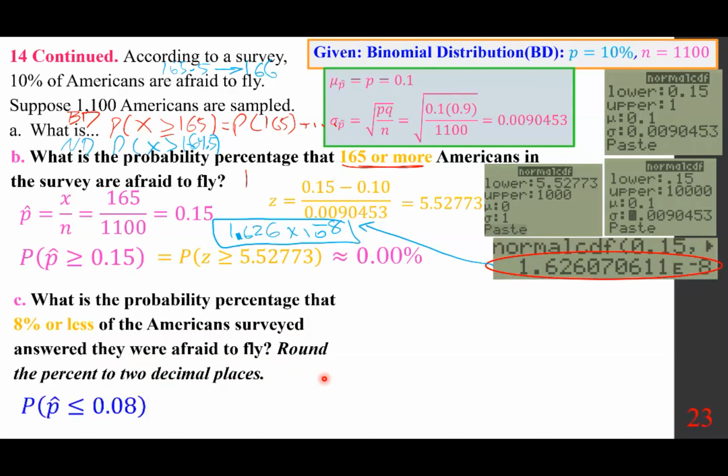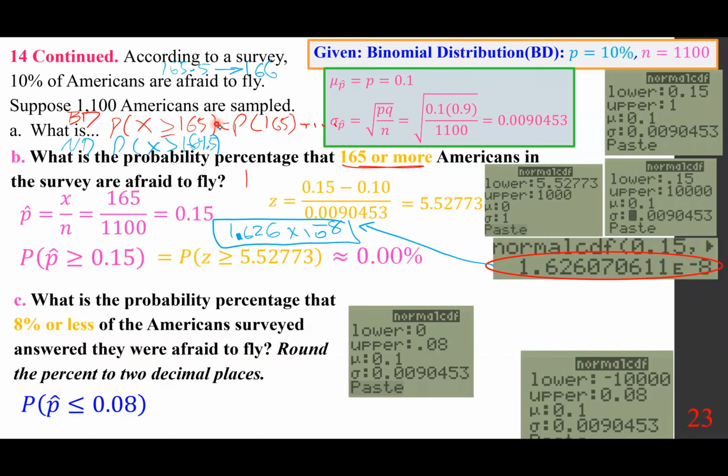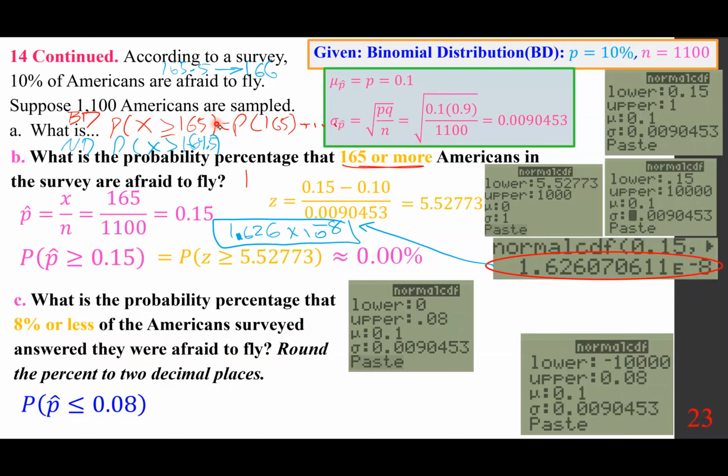And so we want the probability of p hat less than or equal to 0.08. I didn't want to go with that method because the two parts use that, so we can stick with this one. And if we go with the technology, lower is 0, upper is 0.08, mu is 0.1, sigma is the number with a bunch of decimals.